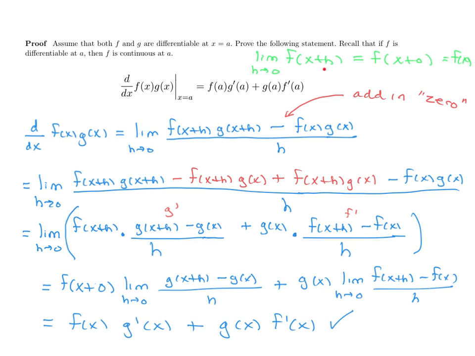This is true by continuity. This limit exists, and it's equal to the function at x. So let me just make that a little bit neater. That's equal to f of x. So this is true by continuity. And since f is differentiable, it's also continuous, which is why we can take this limit and simply call it f of x.